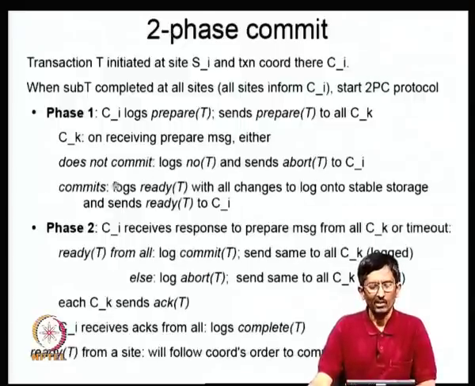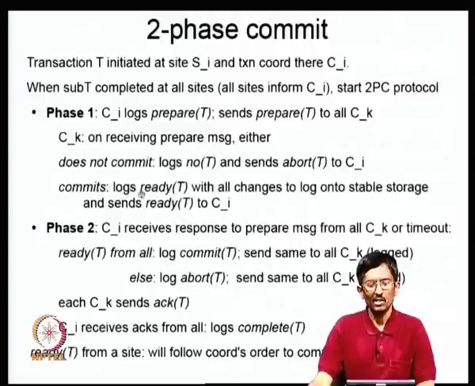So, just to recapitulate, in phase 1, once all the subtransactions have completed the work, the coordinator sends a prepare message to all of them, but then each site decides whether to commit or not commit, depending on the success or failure of its own subtransaction.